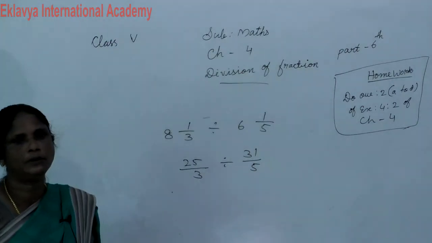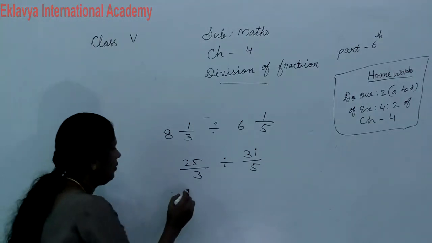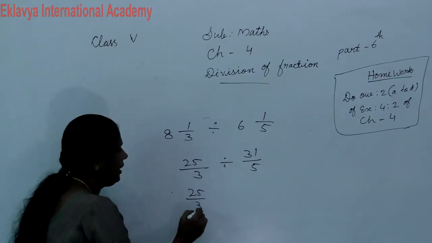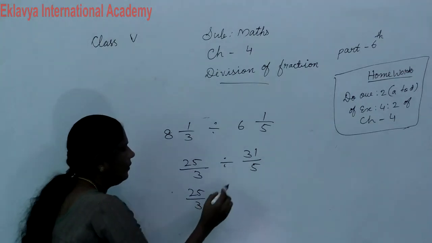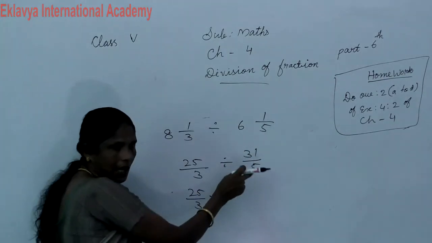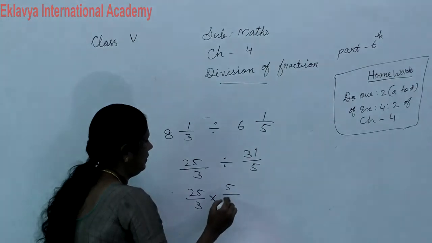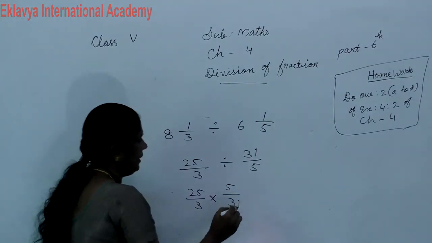Next step, find the reciprocal. 25 upon 3 multiply the reciprocal of this part, 31 upon 5. Then 5 upon 31.